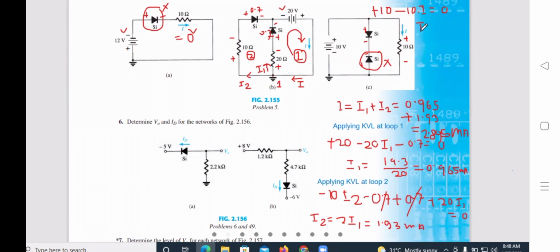So I equals to 10 by 10 equals to 1 milliampere. So in the third problem, current is equal to 1 milliampere.